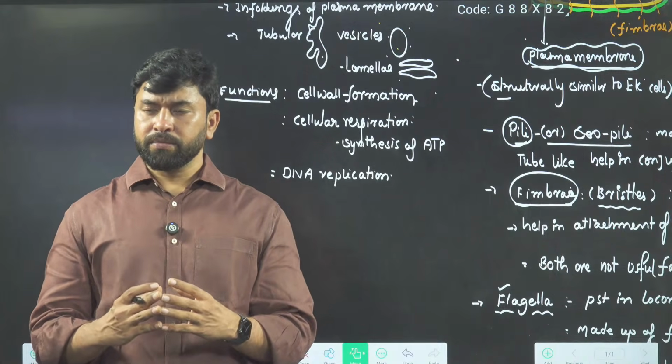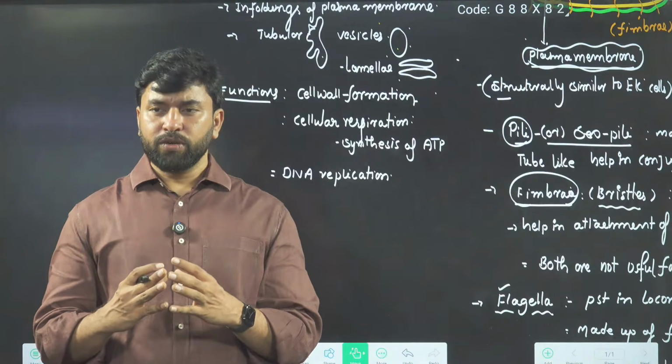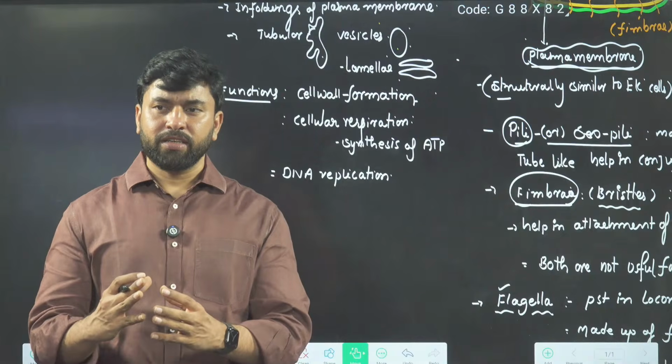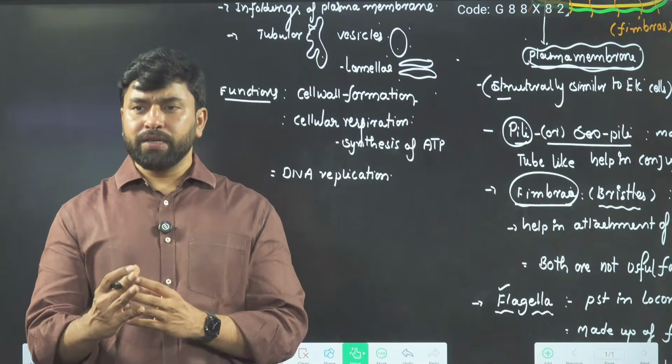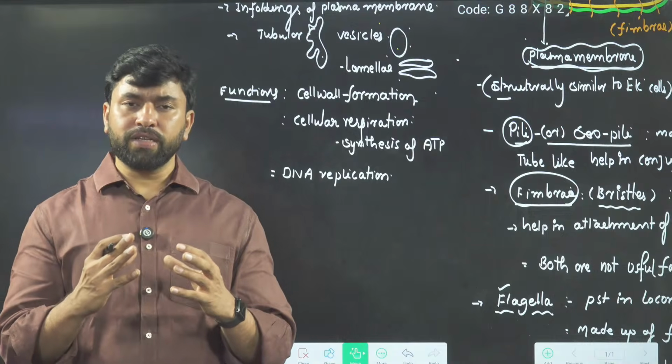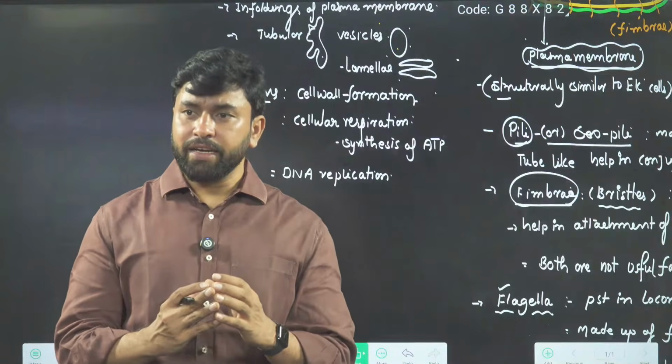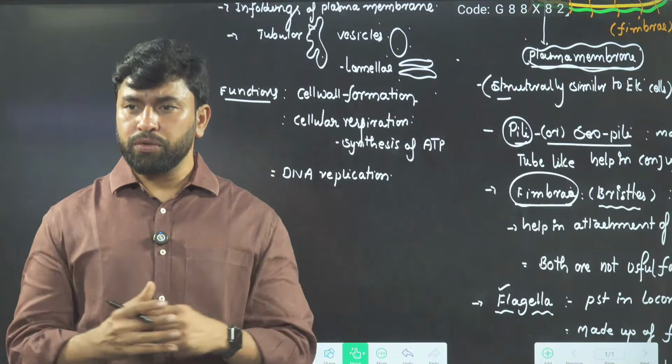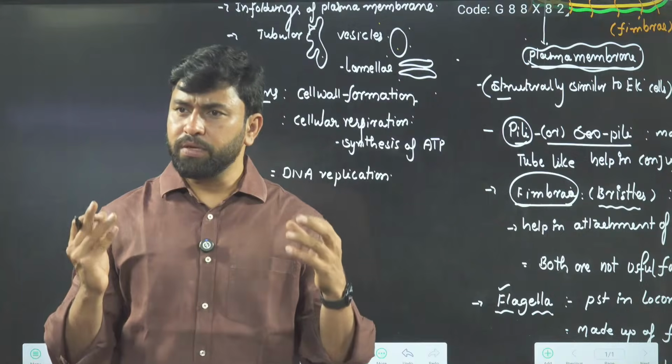Mesosome function does not end with supporting DNA replication. Even after the DNA replication, the mesosomes will support the replicated DNA being equally distributed to two daughter cells. What does it mean by that?